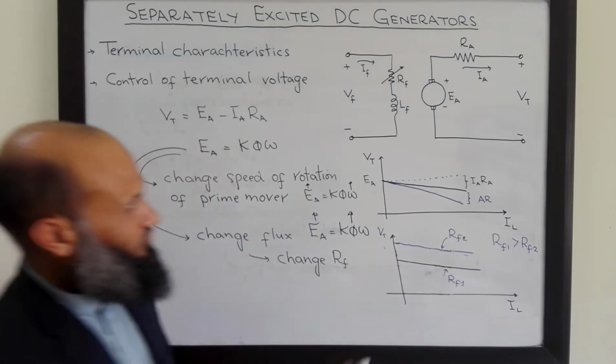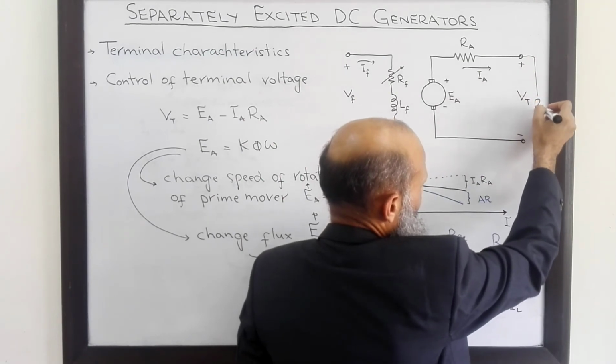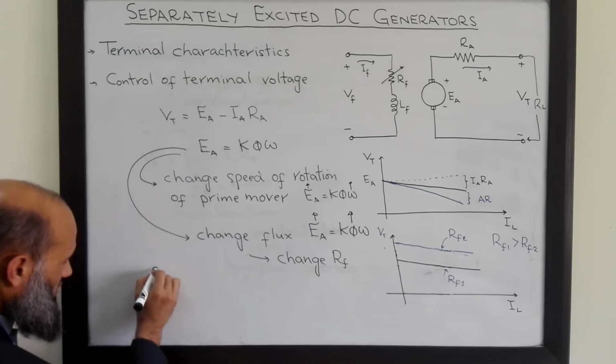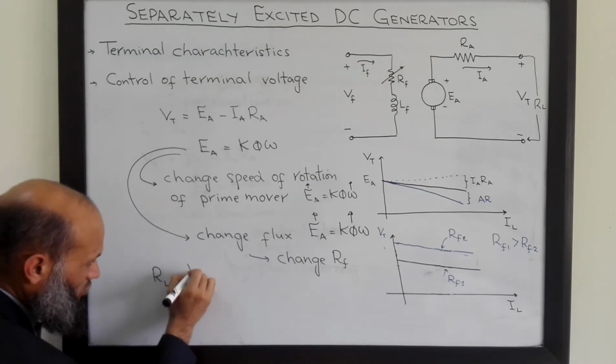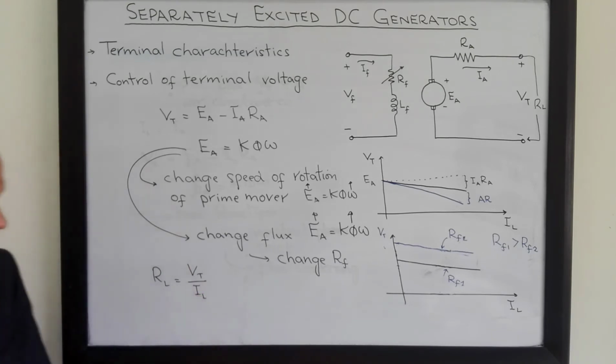So for example, if we have connected a load resistance RL to the generator, then RL is the ratio of the terminal voltage divided by load current, that is armature current.